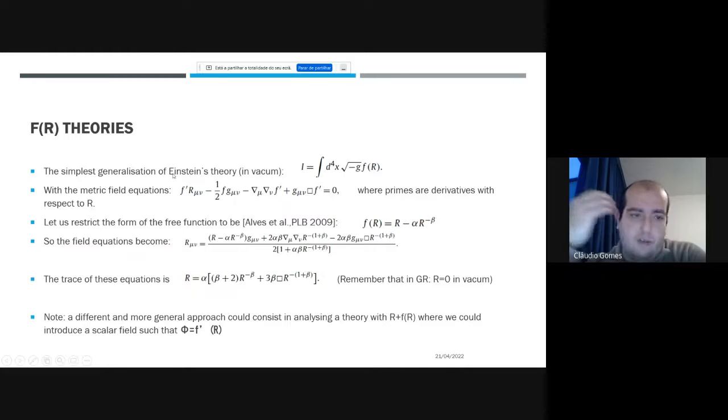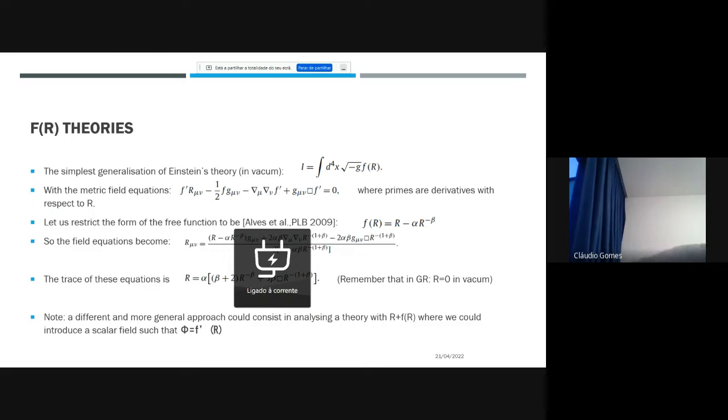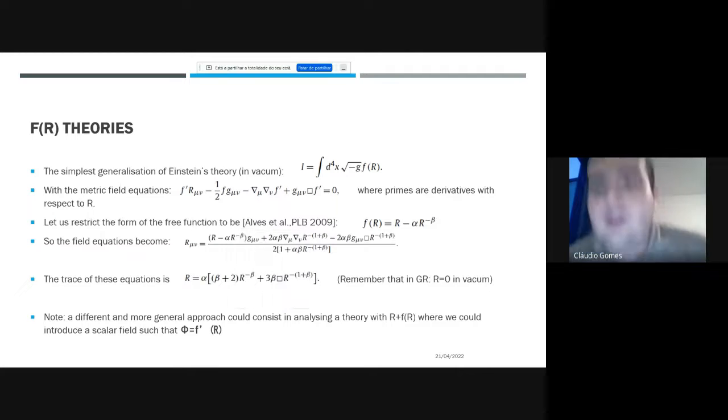And one of the simplest, or perhaps really the simplest generalization of Einstein theory, at least in vacuum, is f(R) theories. So we look into the Einstein-Hilbert action and we replace the Ricci scalar by a generic function of it. It could be R plus R squared. It could be R plus 1 over R, for instance. It could be different things.